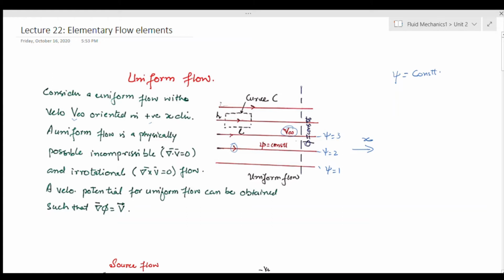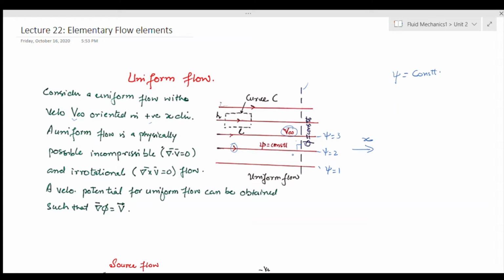Now this dashed black line which you can look at here represents potential flow, phi equal to a constant. Psi equal to constant represents a streamline, and phi equal to constant is a perpendicular line which we have drawn. A little bit afterwards we would see why the stream function and potential function are orthogonal.